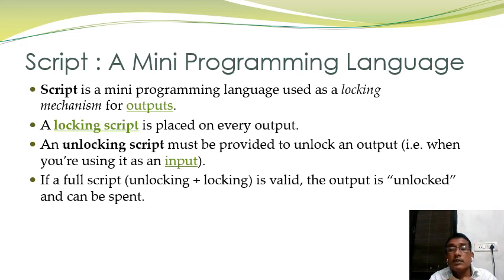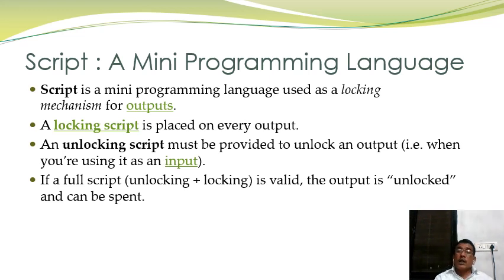For the transaction to be valid, there must be two scripts, a locking script and an unlocking script. Then that transaction is valid, because the locking script specifies the conditions. When those conditions are met, then that output can be used, and the unlocking script is required to unlock the outputs.